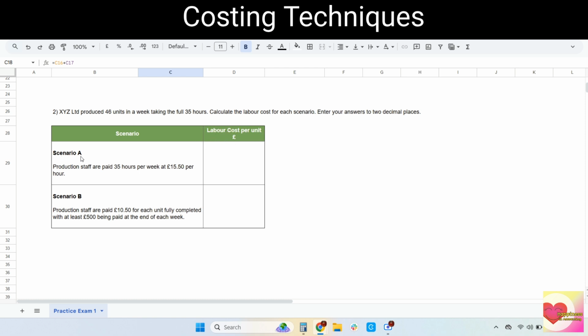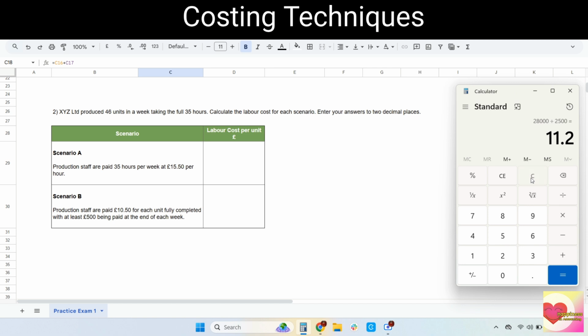First, scenario A, production staff are paid 35 hours per week at £15.50 per hour. First, let's get the total labor cost for a week in producing 46 units. Let's multiply 35 hours by the rate per hour, which is £15.50, and we got £542.50.